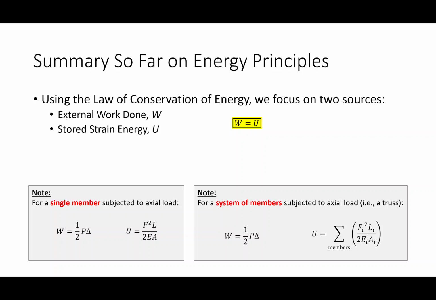I can say that the external work is 1/2 P delta, and for a truss, instead of a single U-term, I'm going to get a bunch of U-terms because the truss is going to have, what, 5, 6, 7, 12 members, however many members are in the truss. So I'm just going to have a U-term for every one of the truss members, just sum them up, right? And that summed energy has got to equal the external work done. Set these two equal to one another, solve for delta, right? If I'm interested in finding the deformation, that should be pretty easy. Sounds good, right?